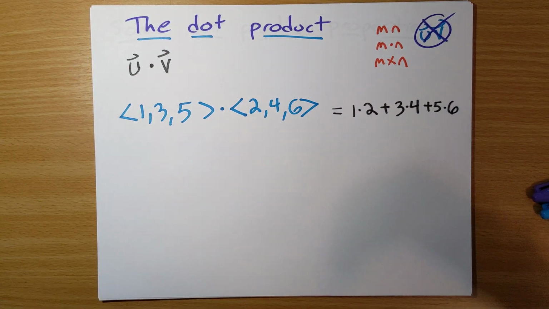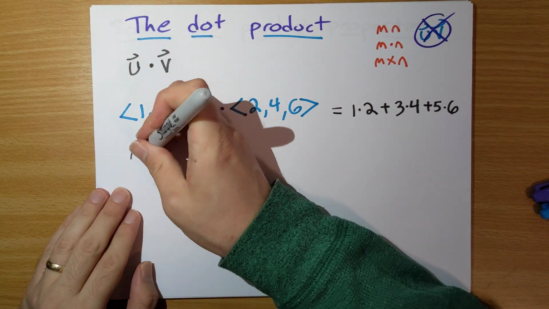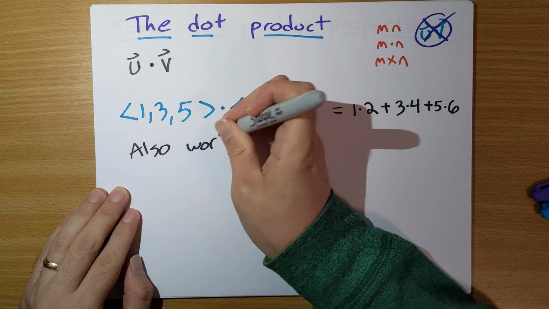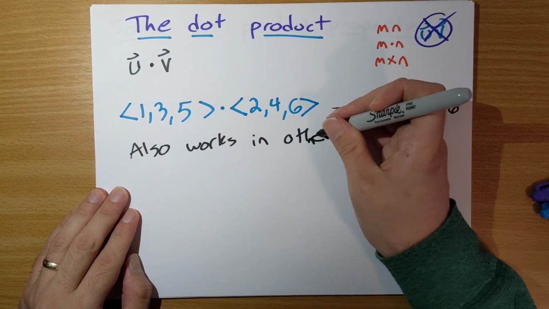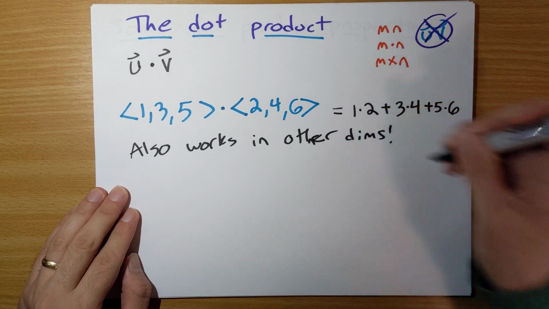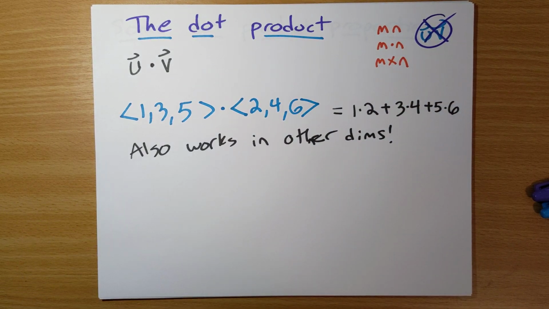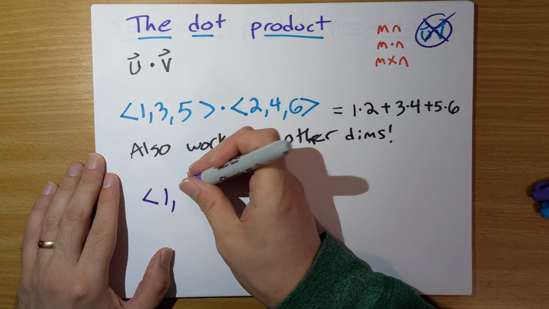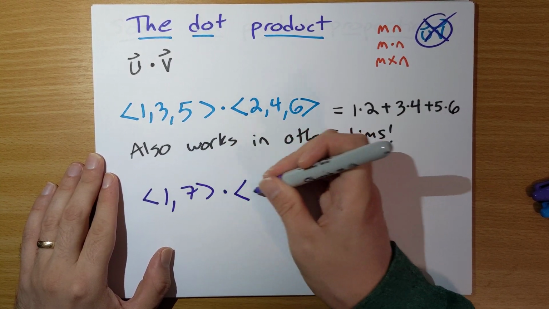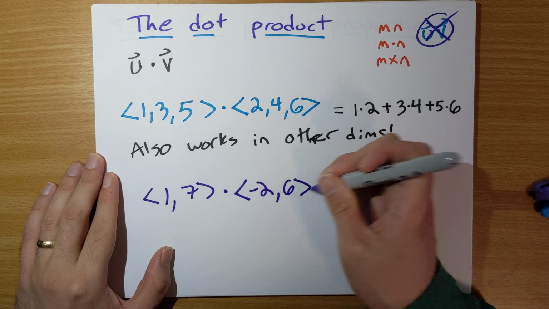Okay, so this is the dot product here. I should say it also works in other dimensions. For example, we just had 3-dimensional vectors; now a 2-dimensional one: the dot product of 1, 7 with -2, 6.